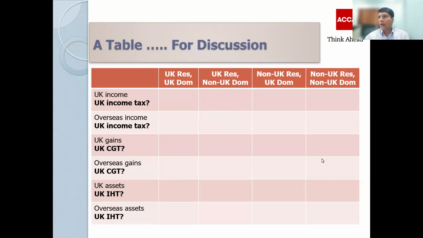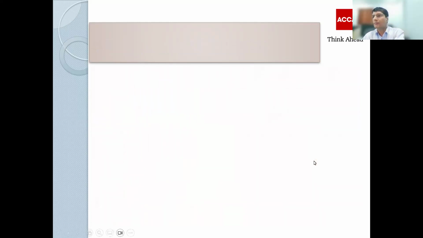Number one, UK assets are always liable to UK inheritance tax. Remember this point. But overseas assets would only be liable to UK inheritance tax if he or she is resident in the UK.